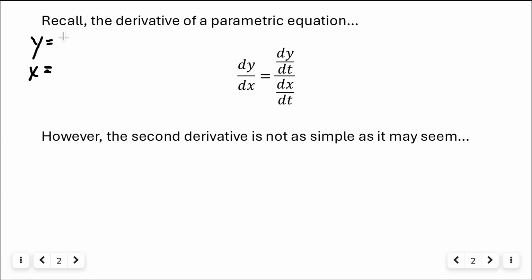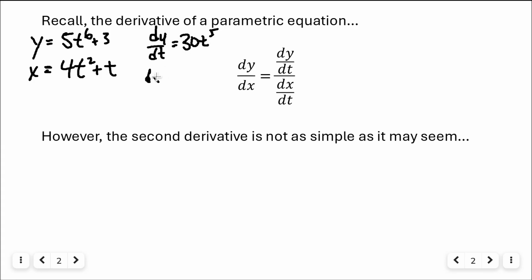All right, so let's say y was equal to 5t to the 6th plus 3, and x is 4t squared plus t. If I wanted to find dy/dt, well, I certainly could. It wouldn't be too difficult to do. dy/dt is 30t to the 5th. dx/dt would be 8t plus 1.